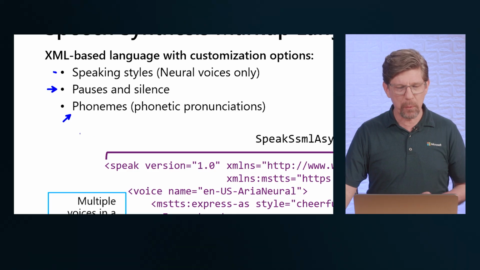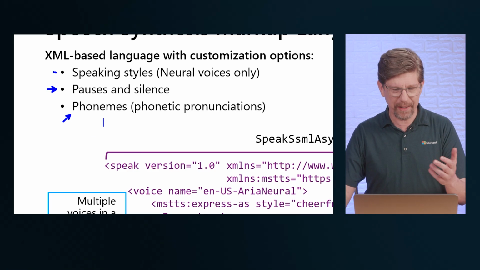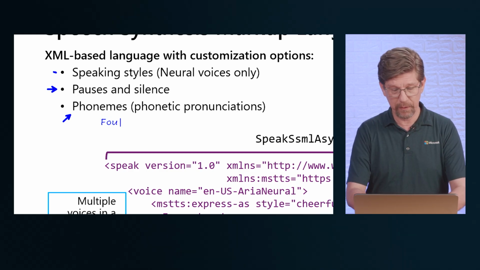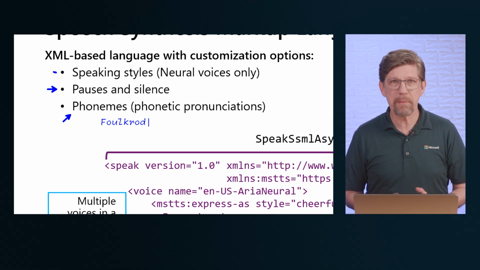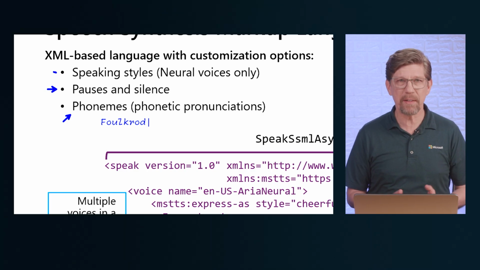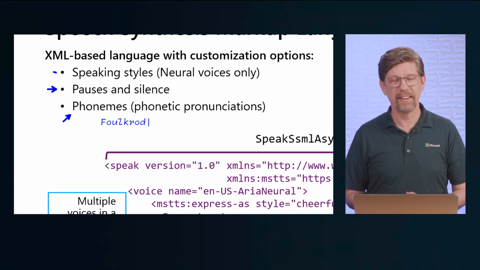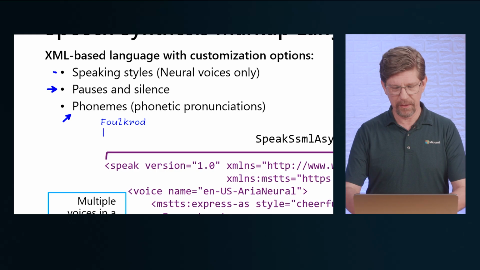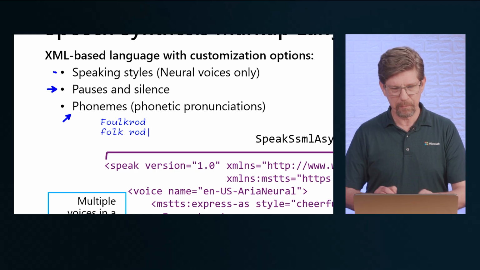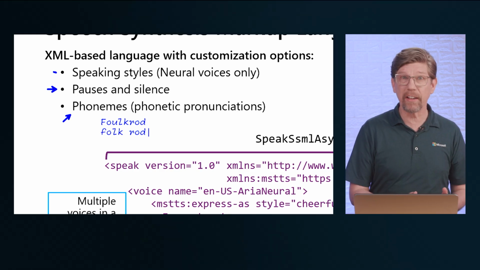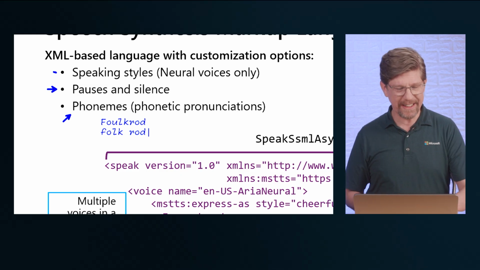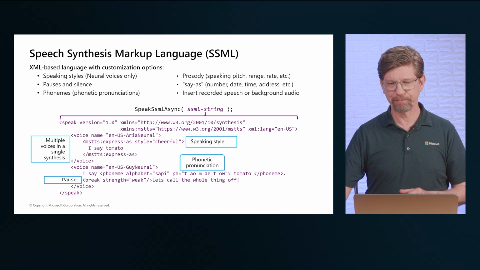There may be some words that we have to spell out phonetically. So class example, at least in my world, is every time I pass in my last name, I'm going to get something like foul crud, which is not great. So passing in the phonetic spelling does make it a little bit easier on occasion.